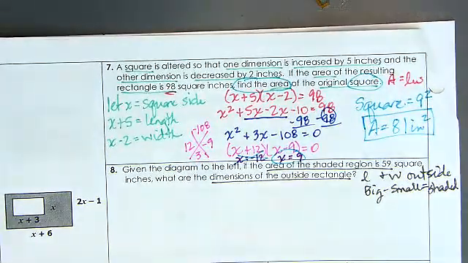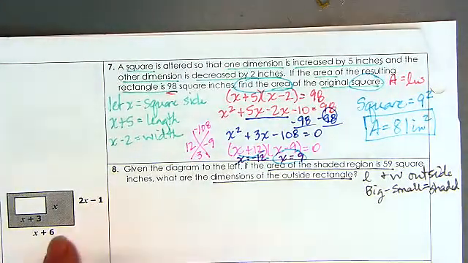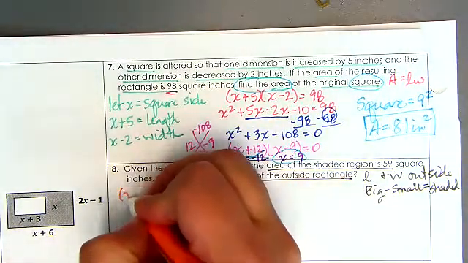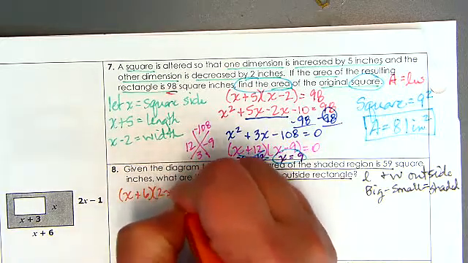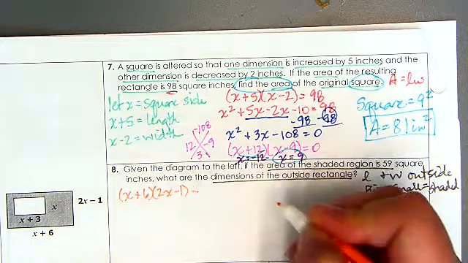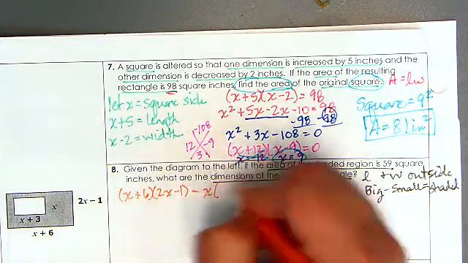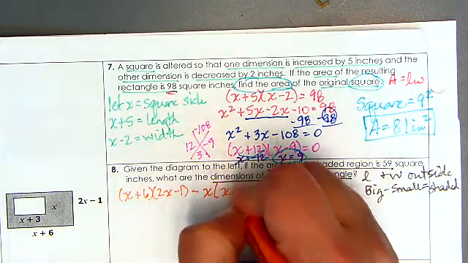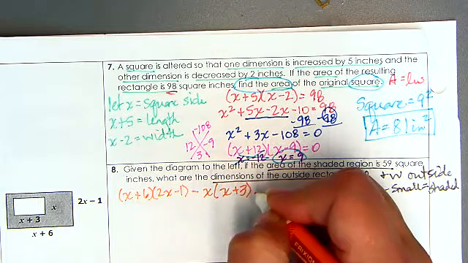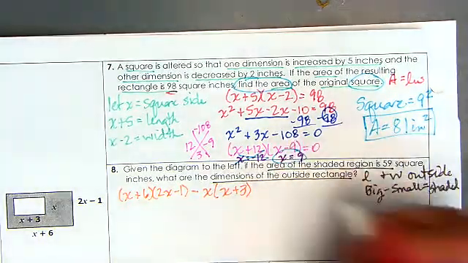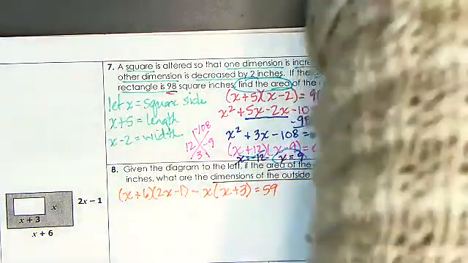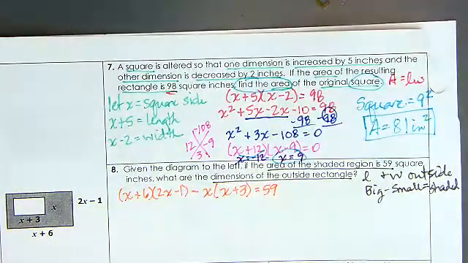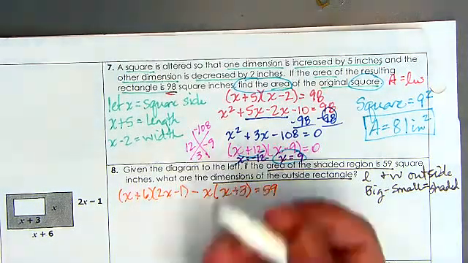Okay, here we go. The big is going to be (x plus 6) times (2x minus 1), minus x times (x plus 3), equals 59. Now we simplify the left-hand side.